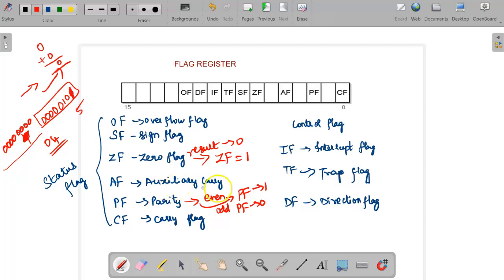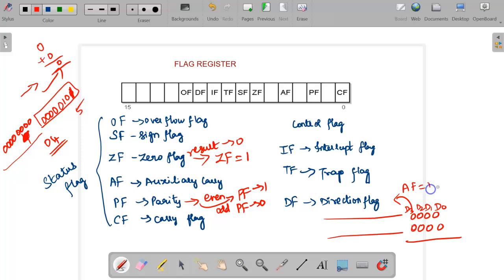And then auxiliary carry. Auxiliary carry means if you are doing some operation on the lower 4 bits, this is D0, this is D1, this is D2, this is D3. If you are getting a carry from the fourth bit, or D3 bit, then the auxiliary carry flag will be set to 1.